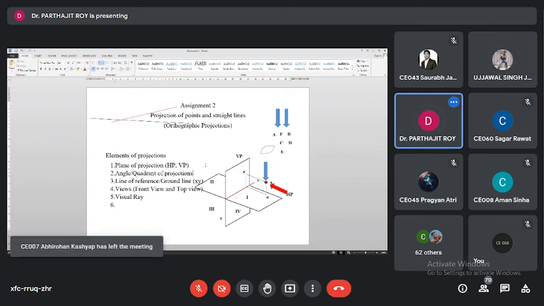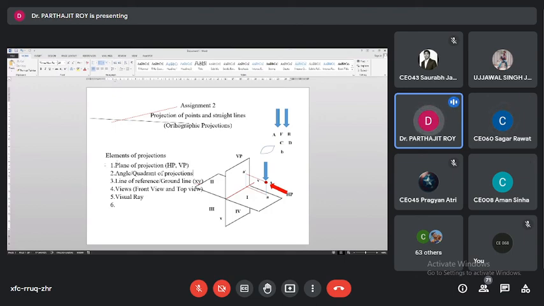Cannot finish it. Okay. In the evening we will finish it. This list will continue more. We'll see one by one. Unless and until these things are clear, we cannot start the projections. So let us stop here up to the visual ray.